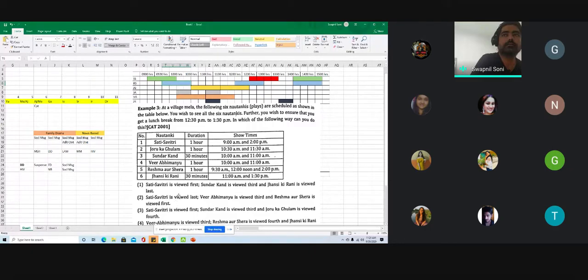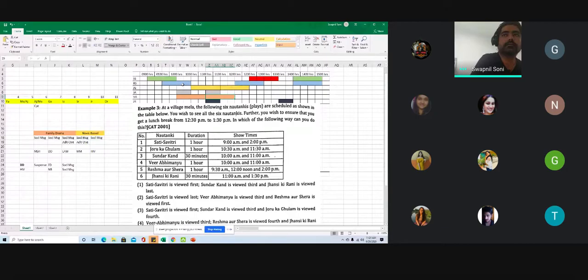Second option, Sati Savitri is viewed last. Sati Savitri is over here, viewed last. Veer Abhimanyu is viewed third, and Reshma Shira is viewed first. RS is viewed first. So this is first, and Veer Abhimanyu is third. If this is first, this timing cannot be possible because they both overlap. This has to be the one.